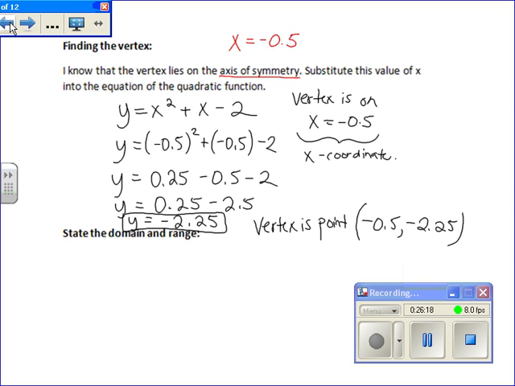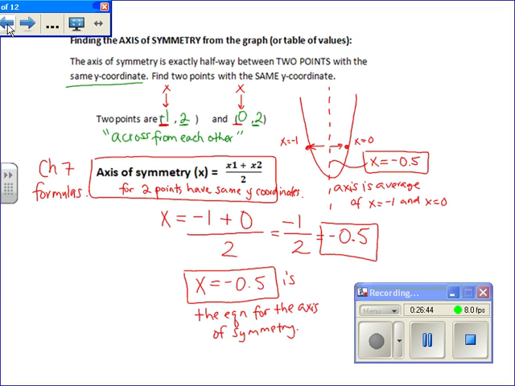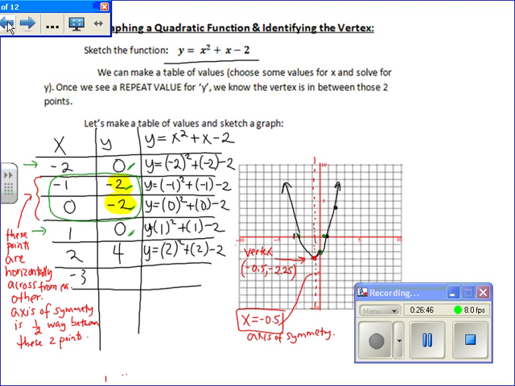Okay, stating the domain and the range. Remember that when we look at a quadratic function, it's a continuous function. So what I know is true is that x and y are all real numbers. So the domain is really simple to state. The domain is your x values. So from where to where? What's the lowest value of x? What's the highest value of x? For this parabola that we looked at here, I can see that x just continues on in the negative direction and also in the positive direction.